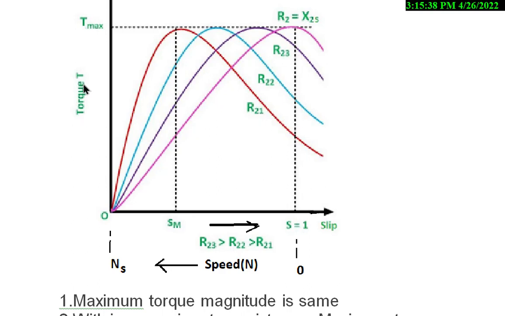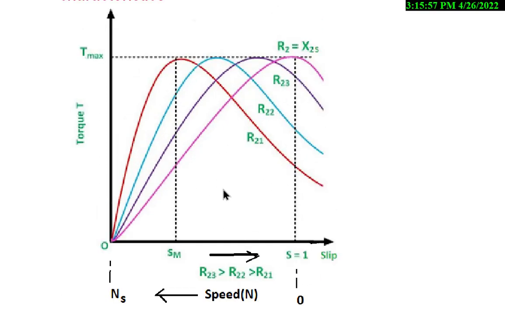So the same characteristic, that is torque versus slip, you can draw like this, and then here at the bottom of the slip parameter, draw the speed parameter like this and put here 0 and here it is ns. So this explains the torque speed characteristic.